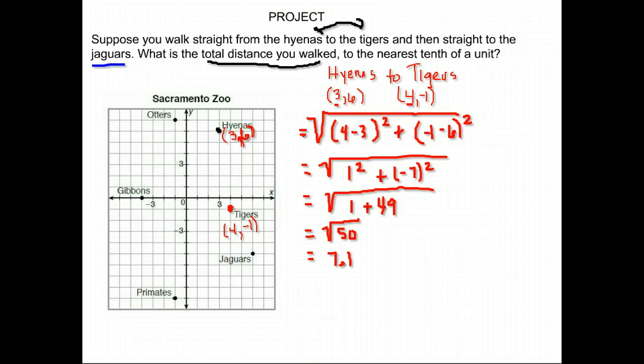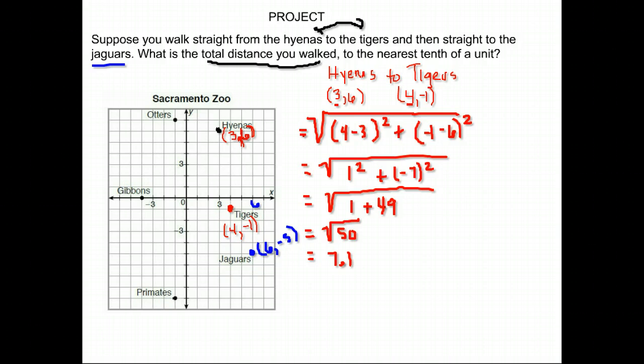Now we're supposed to go from tigers straight to jaguars. So where are jaguars located? Here's the point for jaguars. It looks like it's over 3, 4, 5, 6 to the right of 0, so it's 6, and down 5, so negative 5.